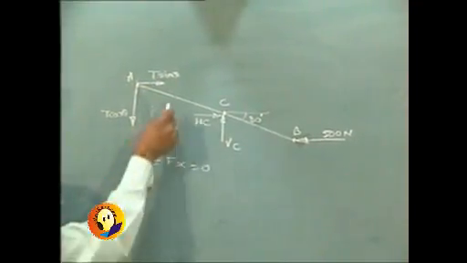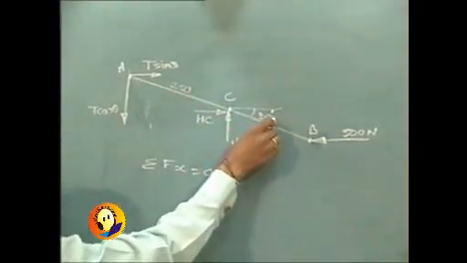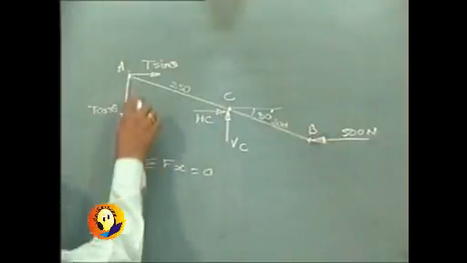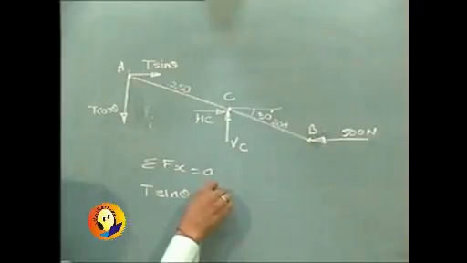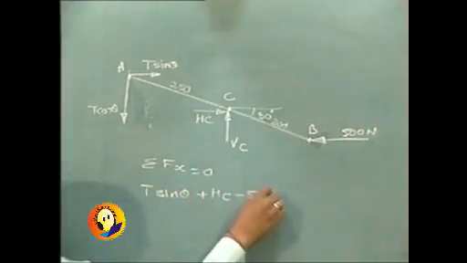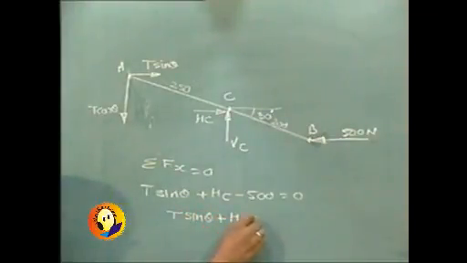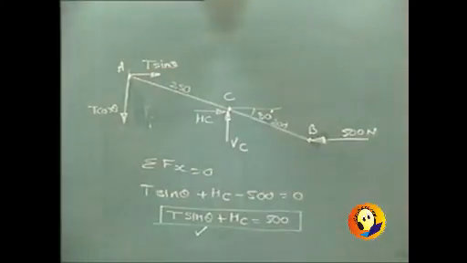And also the distances which are given to us are respectively 250 as AC and 200 as CB. When we consider sigma Fx equal to 0, the equation will be T sin theta plus HC minus 500 is equal to 0. And we get the first equation as T sin theta plus HC is equal to 500. Sin theta is known to us, we have already calculated theta.